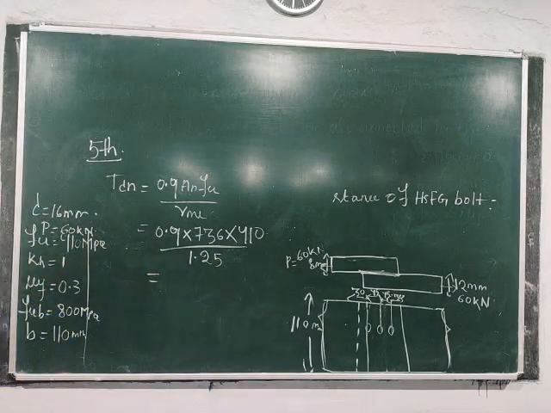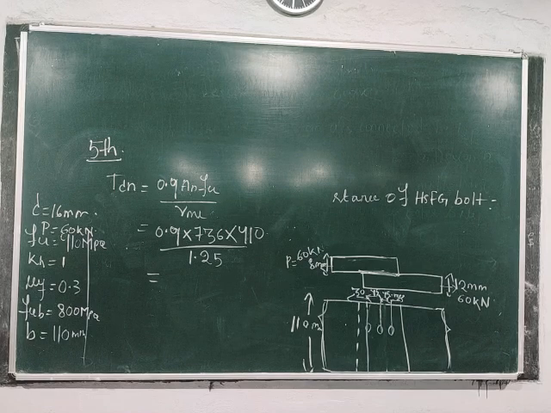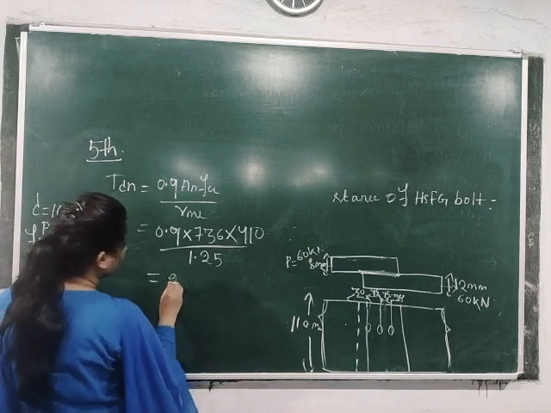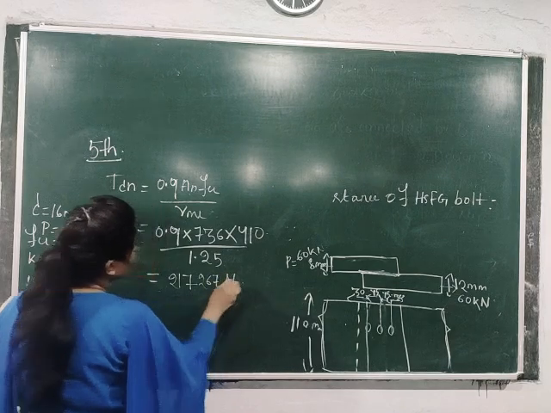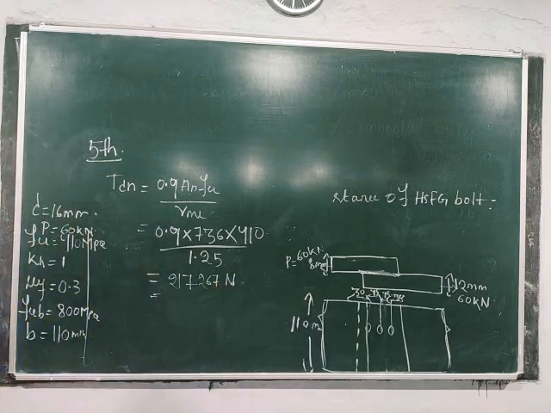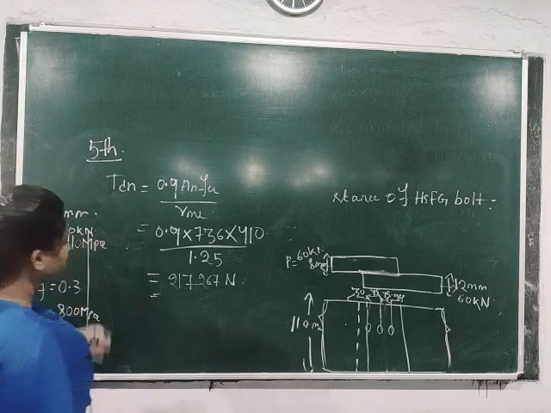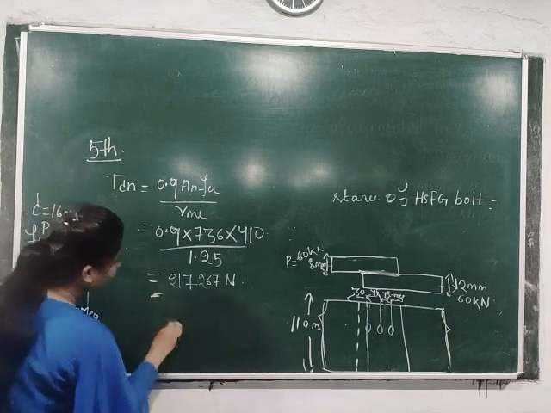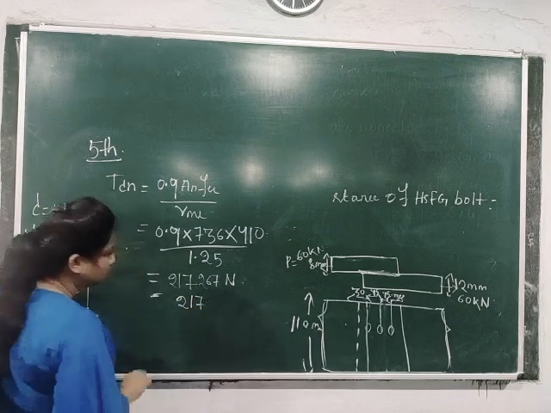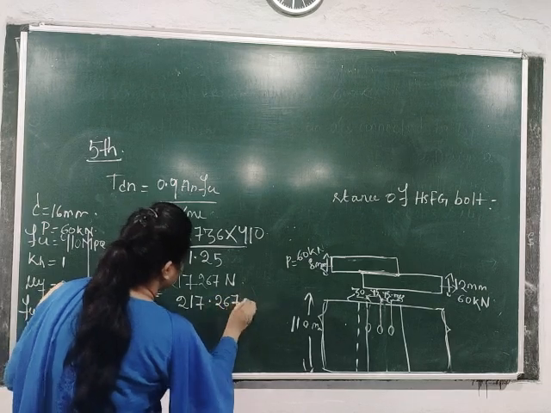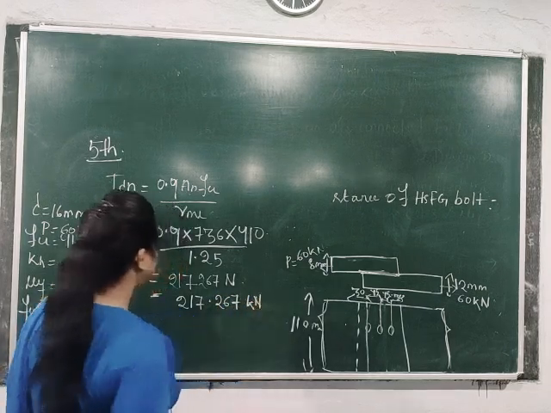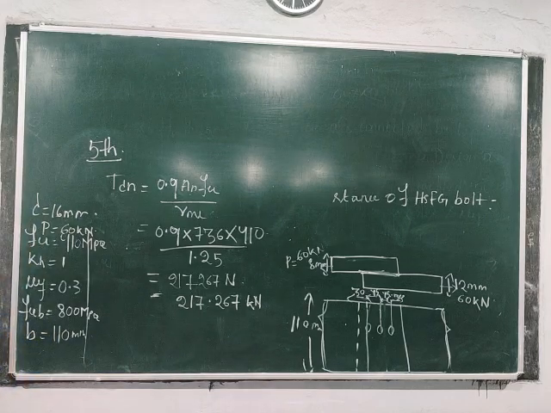So the rupture strength of the plate will come around 217,267 Newton. This value comes in Newton, so write it in kilonewton, that is 217.267, as 1 Newton is equal to 10 to the minus 3 kilonewton.